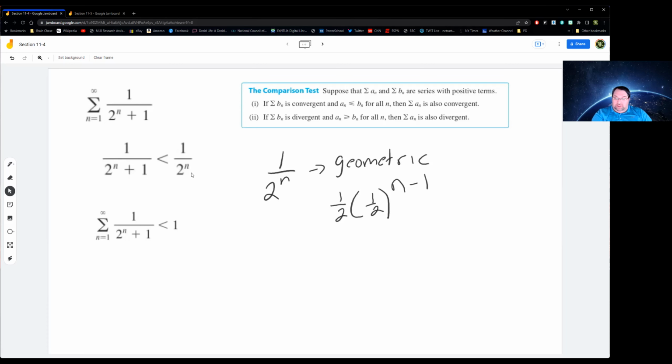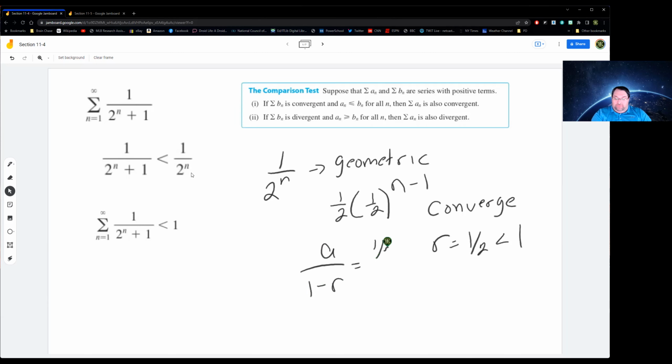Now this one, we know is going to converge because my r equals 1/2, sorry, which is less than 1. And if you remember, since I know it's a geometric series and it converges, it's a over 1 minus r.